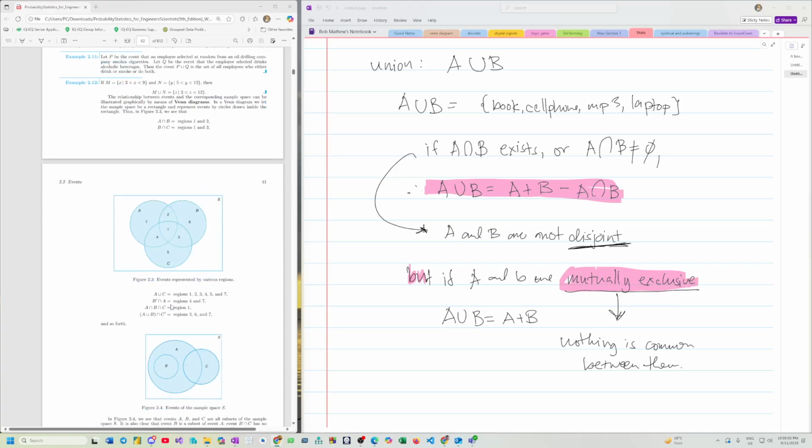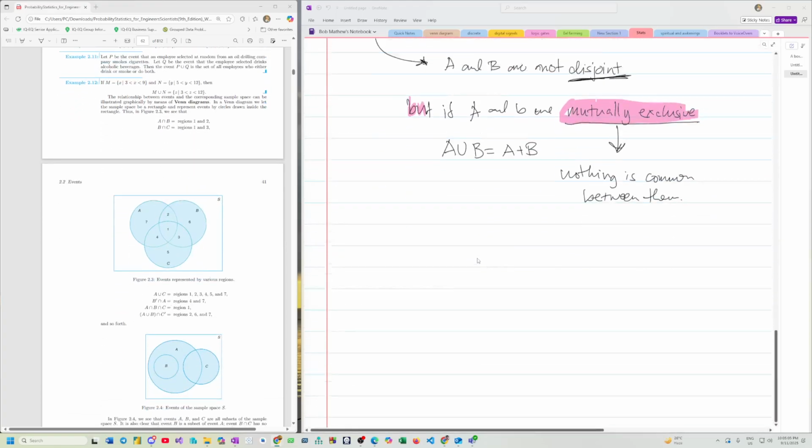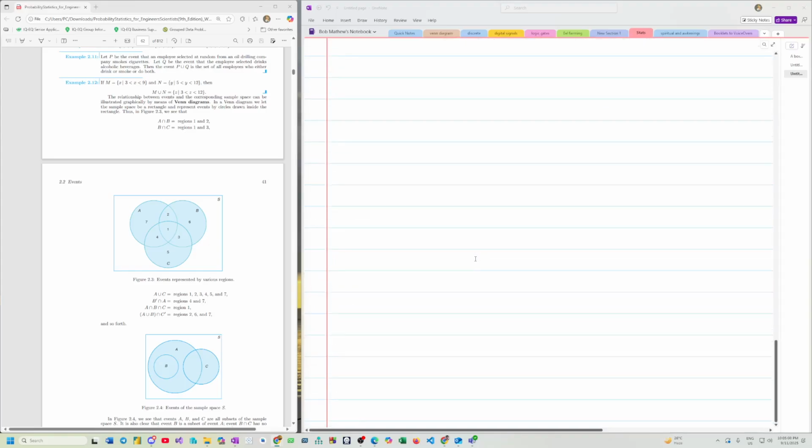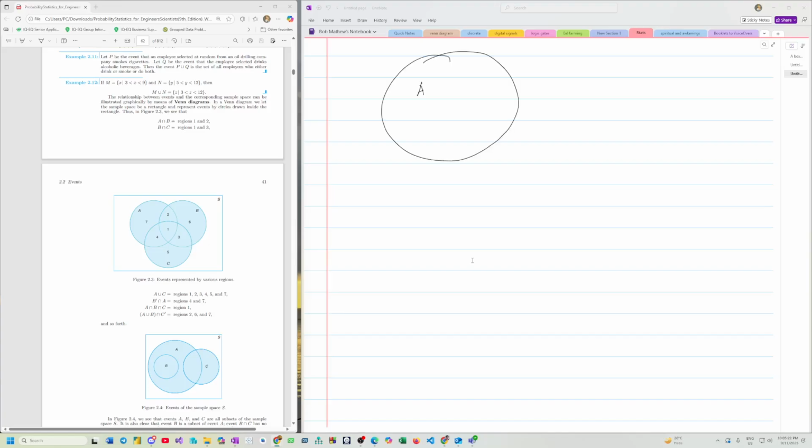So let's have this example. We have set A, set B, and set C, and we have the numbers 7, 2, 1, 6, 3, 4, 5.